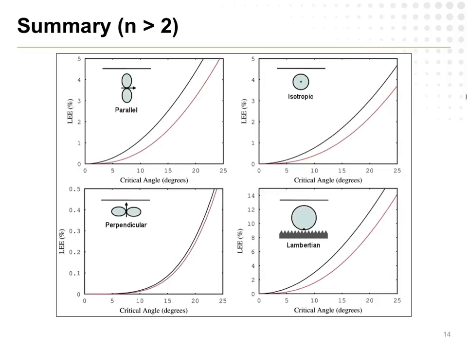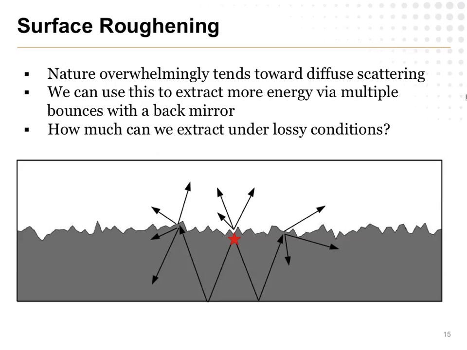If they're nicely oriented, I can get up to 2, 3%, and then the isotropics again about 2-ish, 1 to 2%. So again, this is all just to kind of show that even under all these various conditions of orientation for the dipole, unless I really do something to that top surface, I'm not going to get more than 5% light extraction efficiency. So there's a lot of room to do better here.